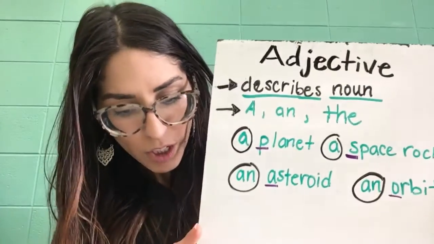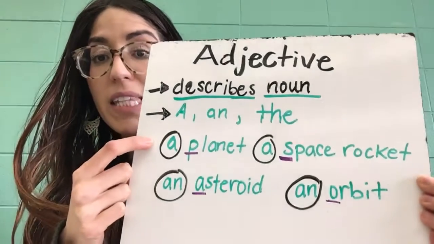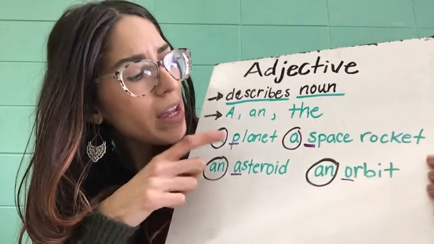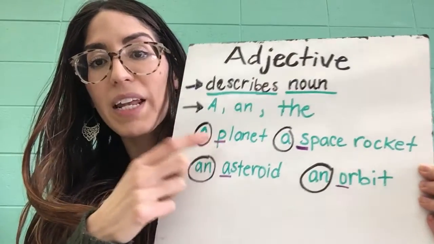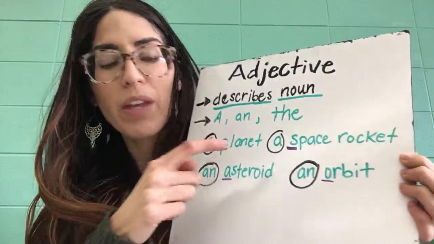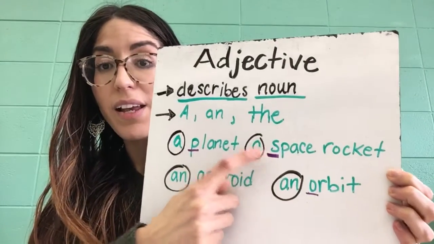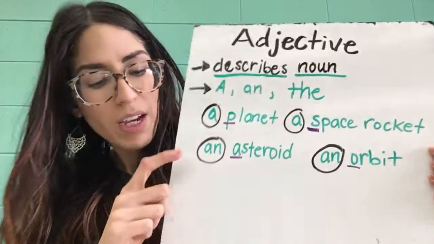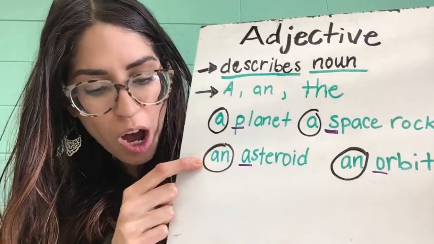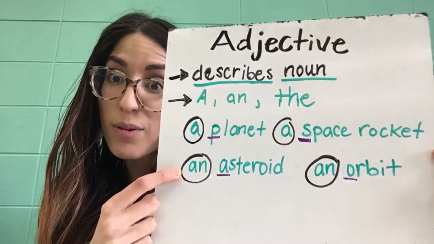Now, you use a before words that begin with a consonant sound, like a planet. P is a consonant. A space rocket. S is a consonant, so you would use a. We use an before words that begin with a vowel sound.